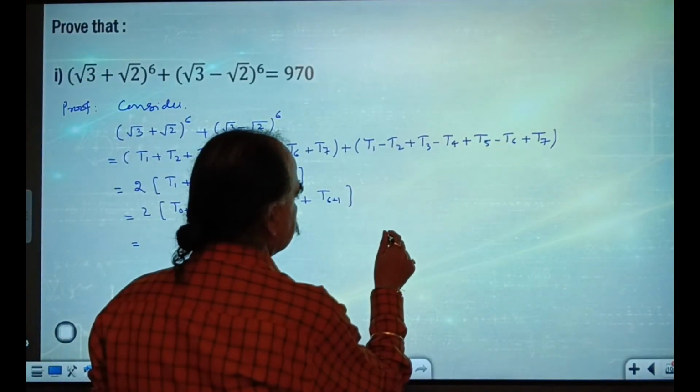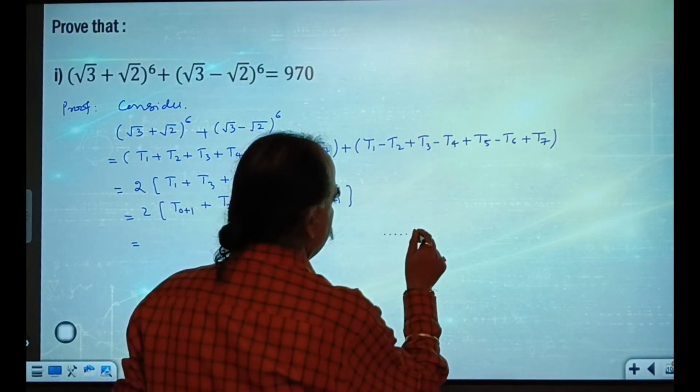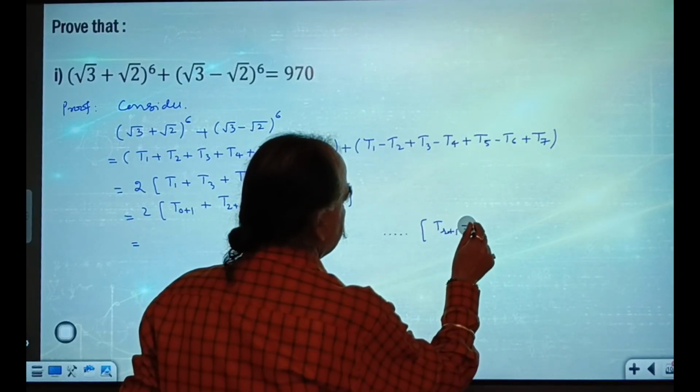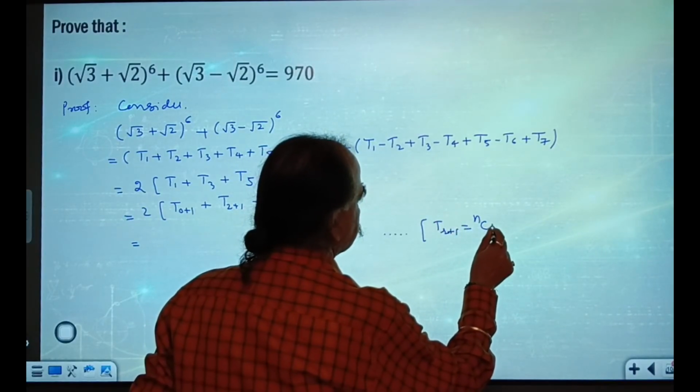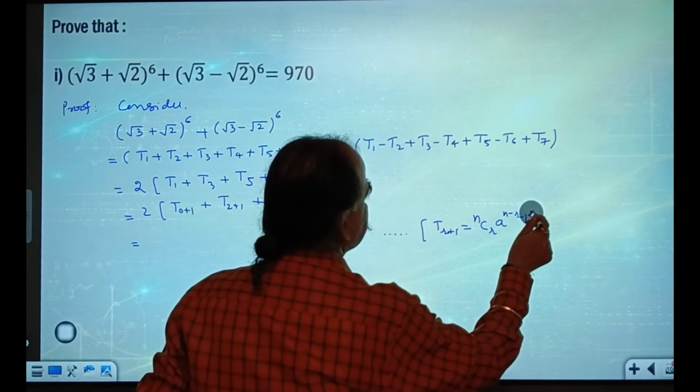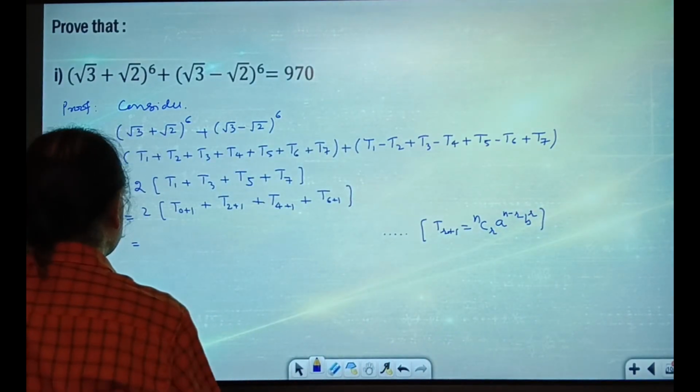Now apply T(R plus 1) is what? nCR A raised to n minus R B raised to R. This formula we will use.